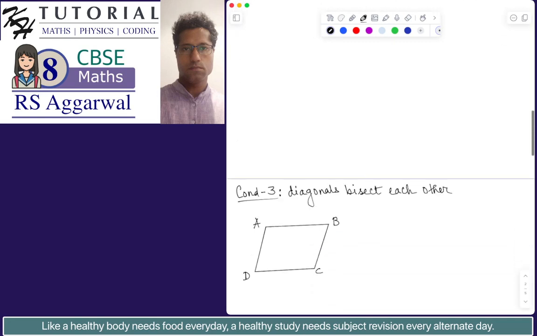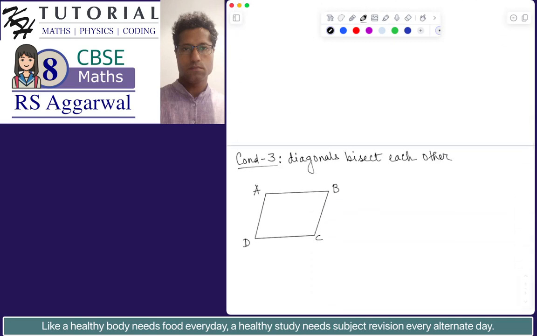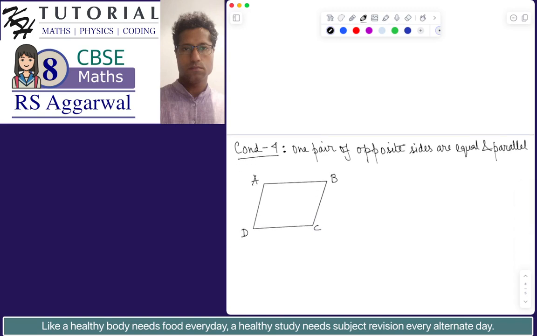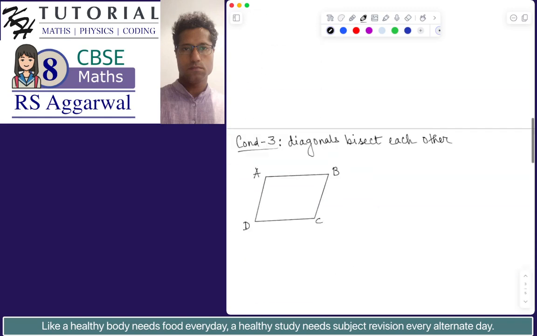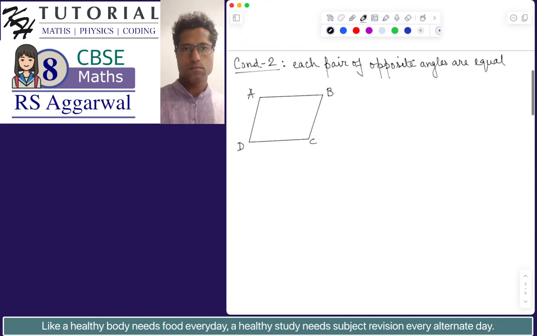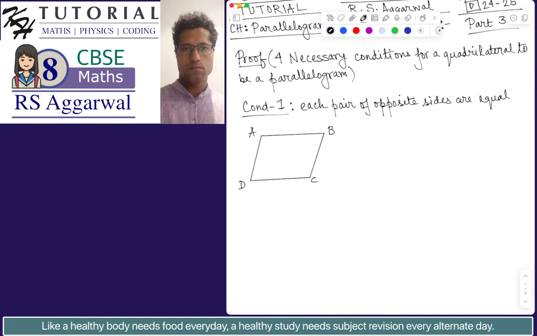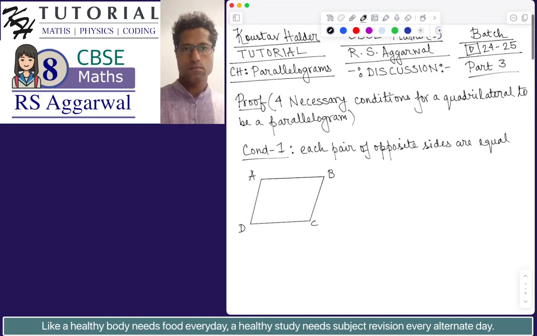The third one is that if in a quadrilateral the diagonals bisect each other, then also that quadrilateral will be a parallelogram. And the last one is that if one pair of opposite sides in a quadrilateral are equal and parallel, then also that quadrilateral will be a parallelogram. I will try to give proof of these conditions that make a quadrilateral a parallelogram.